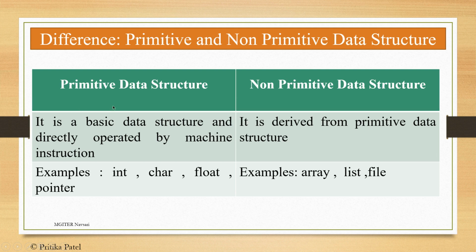Examples of primitive data structures are integer, character, float, pointer, etc. Whereas examples of non-primitive data structures are array, list, file, etc.